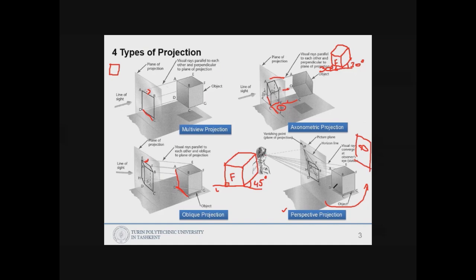the rays of the looking are not parallel to each other. So that's why when you see this cube, it might be something like this. You are seeing this corner, and the sides might not be parallel.